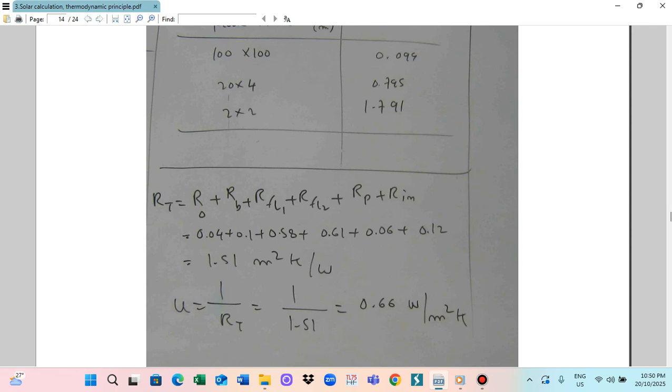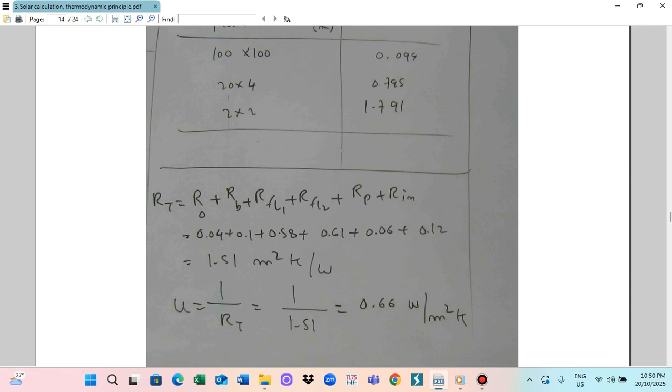KP you have to take as 0.17. By this way you get 0.06 meter square Kelvin per watt. So we calculated the R plaster. We have only calculated two components so far, one for the brick and another for the plaster.